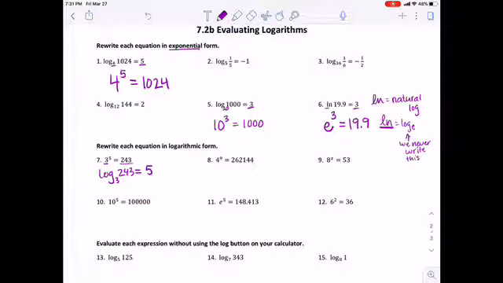The only other ones you need to be careful about are problem 10, where your log is base 10, so it's a common log, and problem 11, where your log is a base of e, so it's a natural log. Go ahead and try those problems out, and then check them against the answer key, which I'll post on the discussion board.